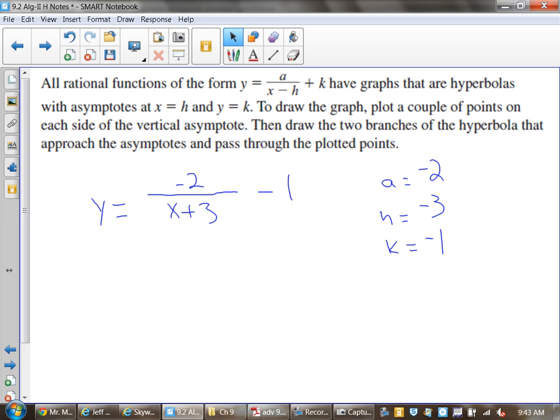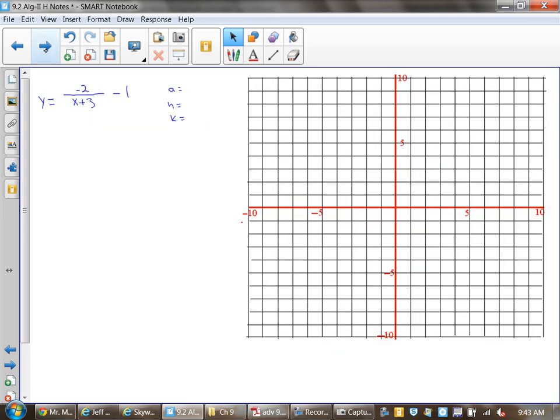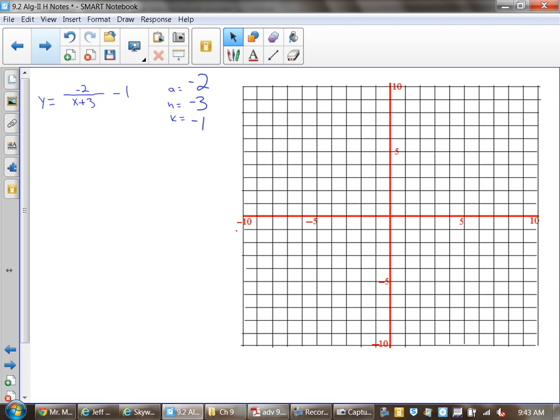By just labeling out that A, H, and K, then I can go ahead and sketch my asymptotes. So we get a piece of graph paper out. Again, I start by sketching out my vertical asymptote.